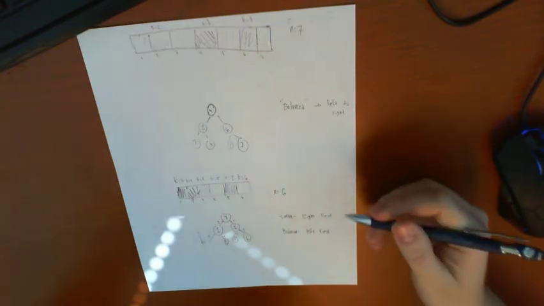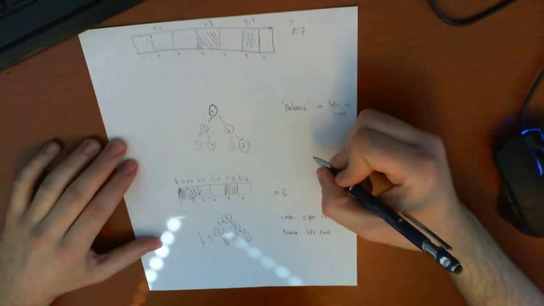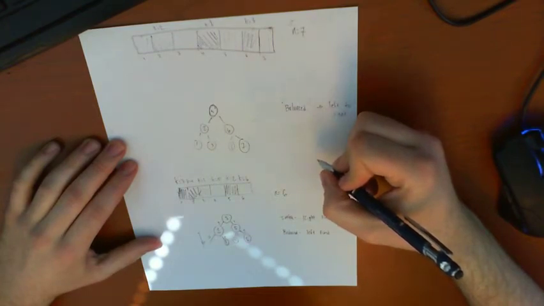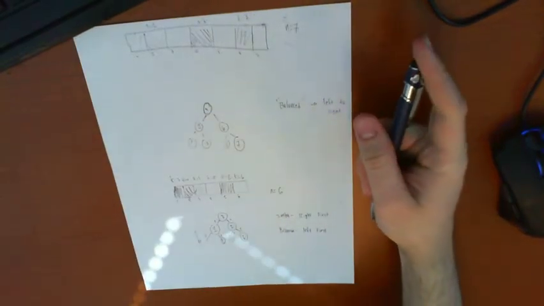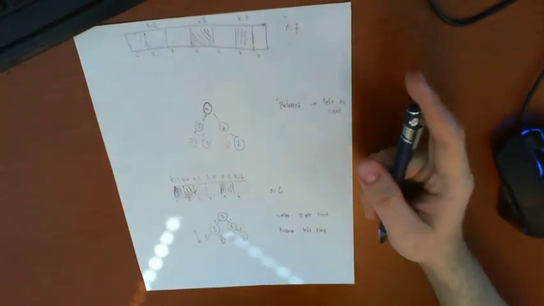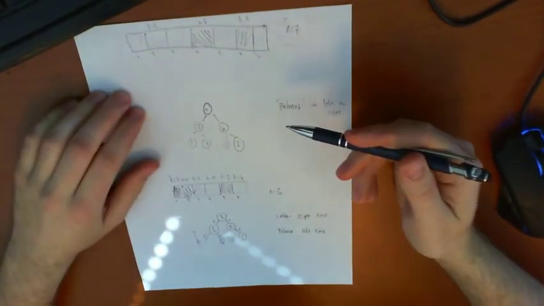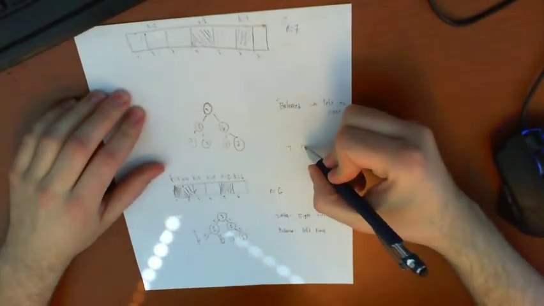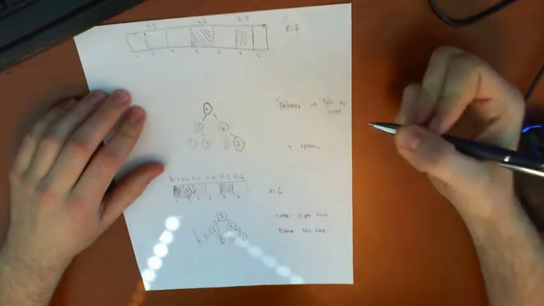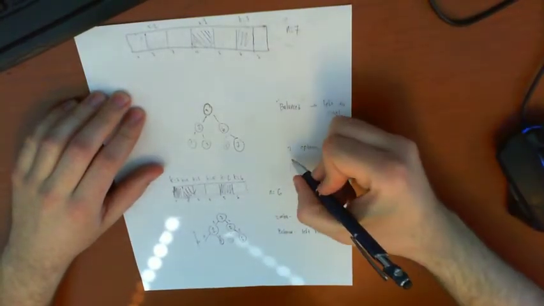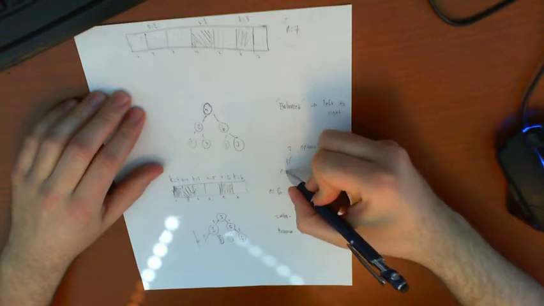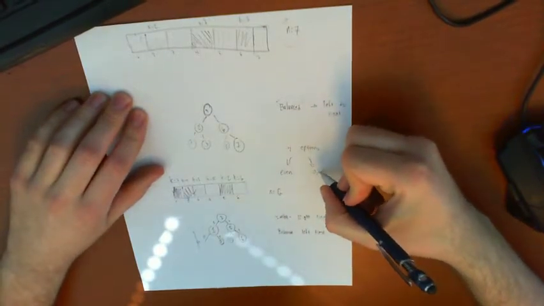So if k ends up balanced, okay, we have two options here, right? There's really only two kinds of nodes: a node that's even, and a node that's odd, right?